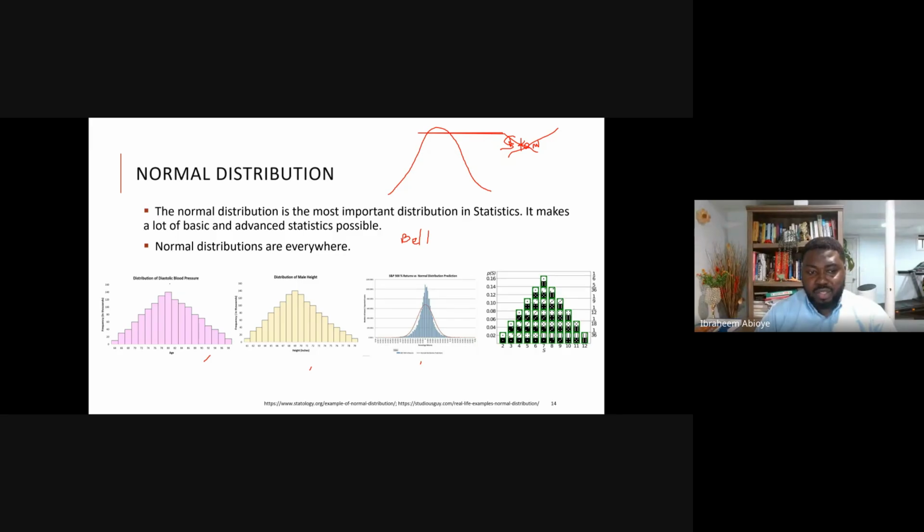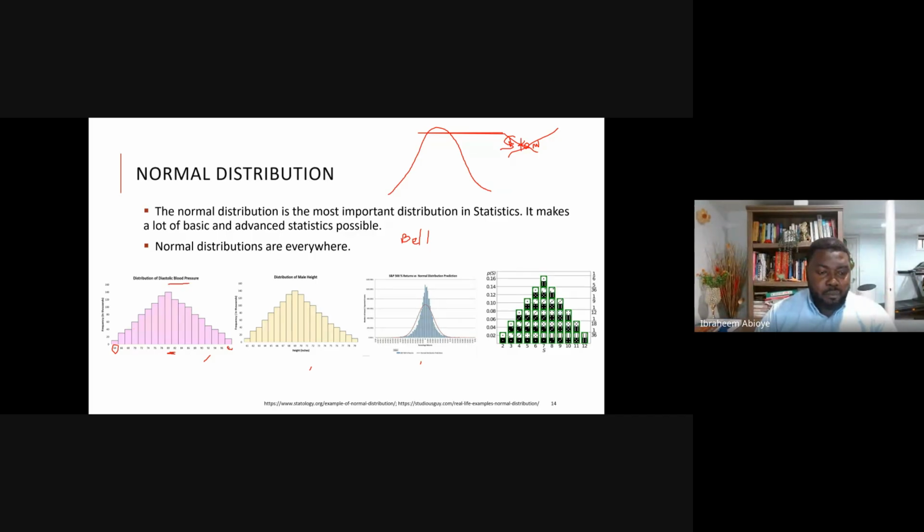This is the distribution of diastolic blood pressure. In this case, it's wrongly labeled. This should be diastolic blood pressure. The mean is 80, and you have people with diastolic blood pressure going from 64 all the way to 98, but it's normally distributed.